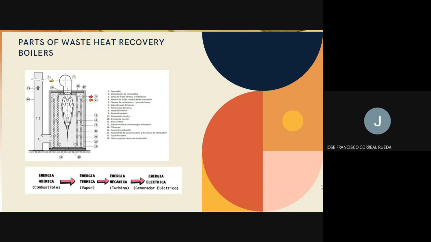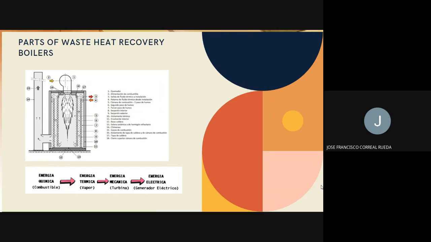In the riser, steam bubbles begin to form that separate from the water in the steam dome and are redirected towards a centrifugal separator that drains the steam retained in the water.